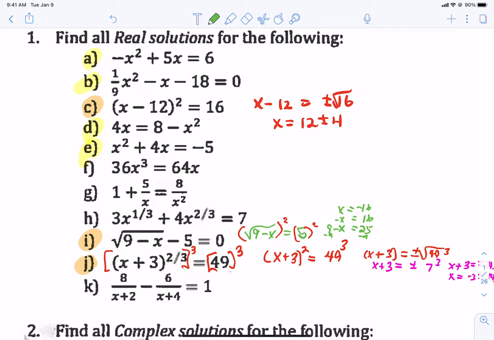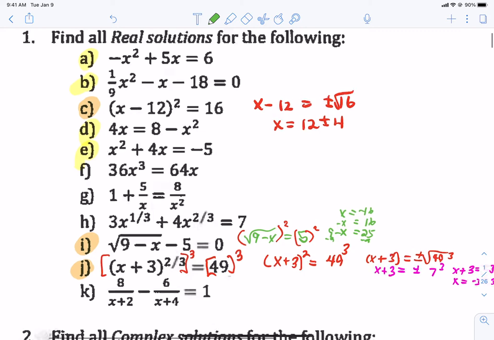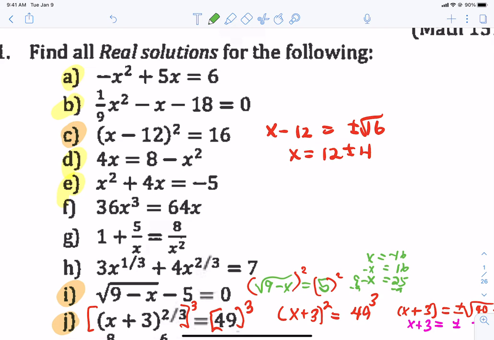Usually a good strategy is to set them equal to 0 and factor. So if you want to solve those, like A, I usually don't care too much for this negative right here. So I do tend to like to move it to the other side where it's going to become positive. And so I would probably do x squared minus 5x plus 6.